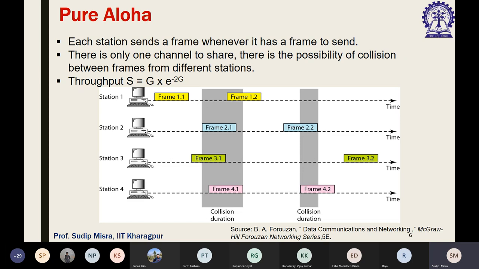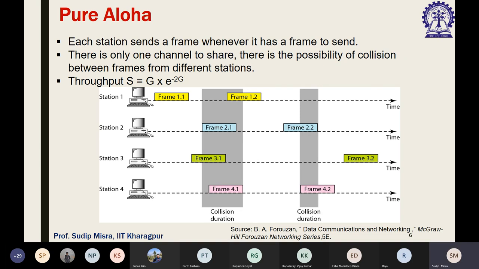That is the reason pure Aloha says that you wait for a random duration of time before you try to resend your frame. If the wait time is random between the different stations, then the chance of collision again is going to be minimized. Otherwise, if all the stations try to send immediately after the timeout, the chance of collision is going to be as high as before.